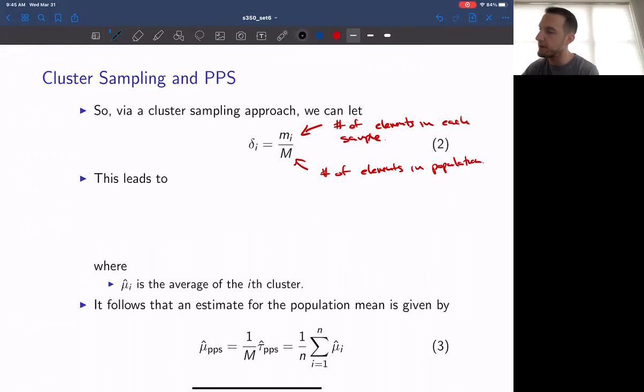Okay, so if we take this value of delta i and we sub it into our formula for tau hat, we arrive at capital M over little n multiplied by the sum over i in S of the mu hat i.